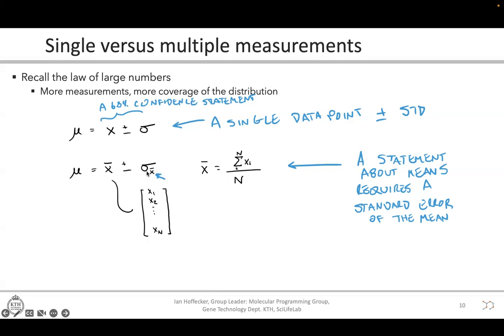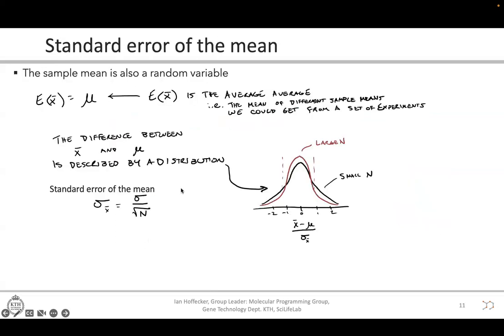And so here I've denoted this with a subscript X bar. So let's take a look at this. What is this exactly? If we were to take the mean of the mean, the mean is in fact a random variable itself. Just as X is a random variable, X bar itself is also a random variable.